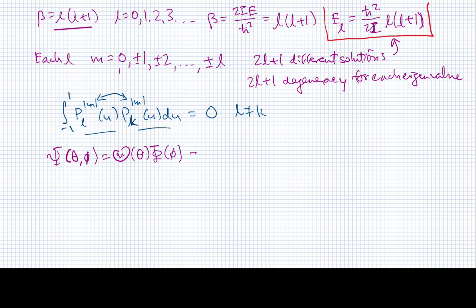And so we're going to end up with something that looks like a normalization constant times our associated Legendre polynomial with cosine theta as the argument, and our phi function over here. And so these are the functions that we're going to explore as we talk about the eigenfunctions of the rigid rotor.